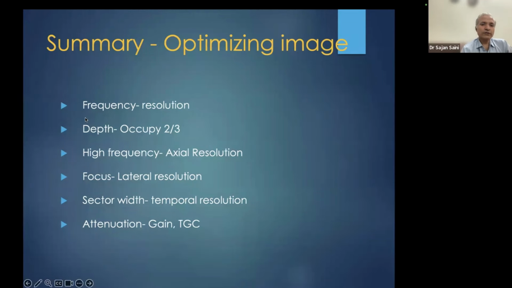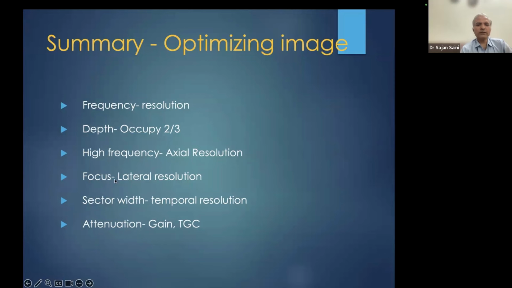For depth, you adjust the depth so that your anatomical area occupies at least two-thirds of your screen, so that you have better measurements of the anatomical areas of interest. Higher frequency gives a higher axial resolution and a higher lateral resolution, but it comes with a trade-off of penetration.